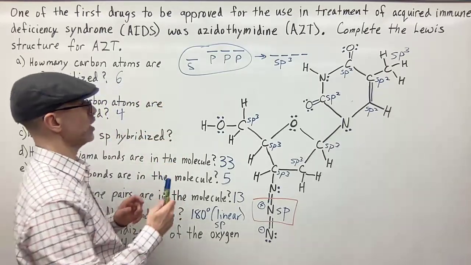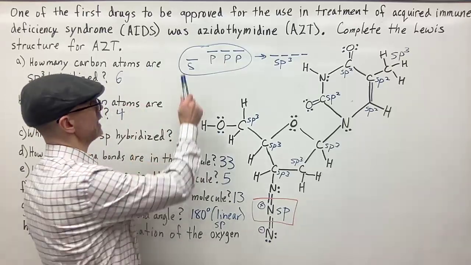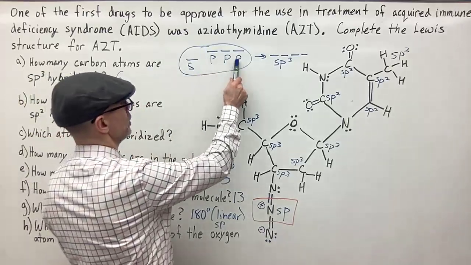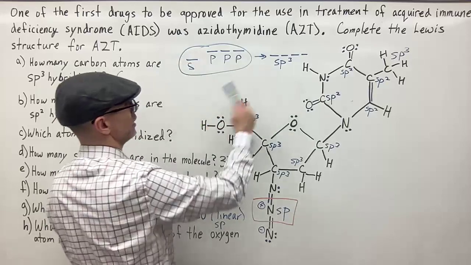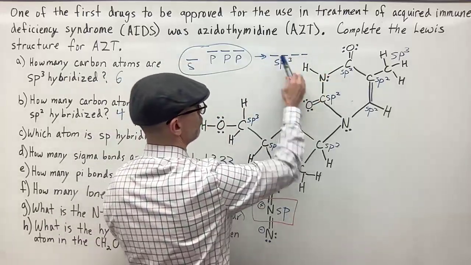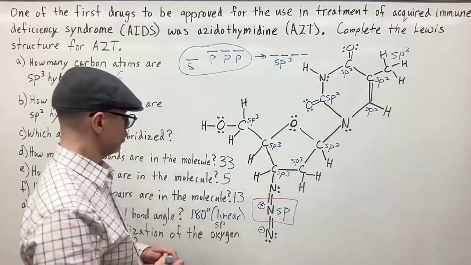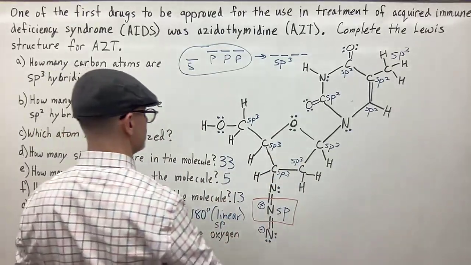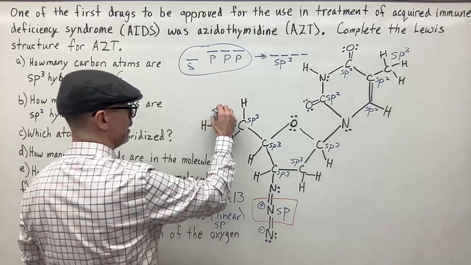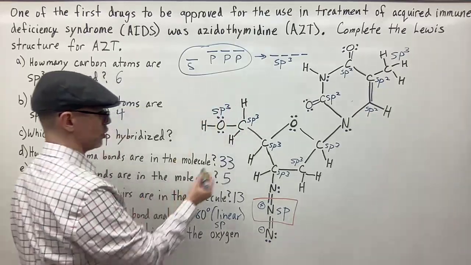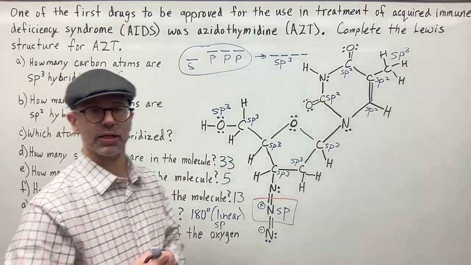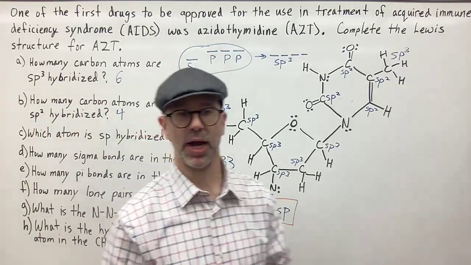Here, we only need 4, so we're going to take an S, a P, a P, a P. That's 4. We're going to mix those together, and we're going to get the 4 equal energy sp3 hybridization. So the answer is sp3. This oxygen is sp3 hybridized.